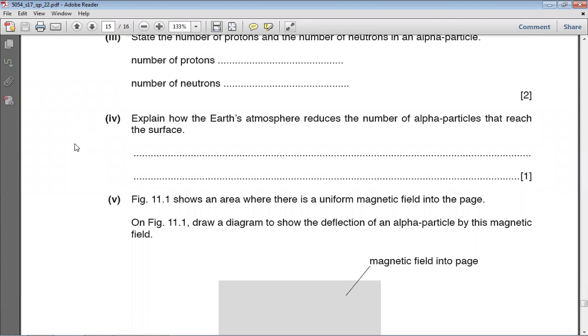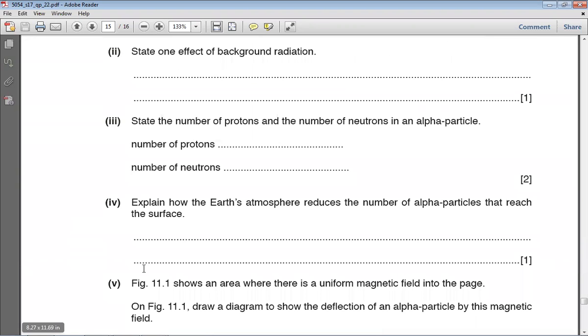It says, explain how the Earth's atmosphere reduces the number of alpha particles that reach the surface. You know, alpha particles have very low penetration power and very high ionization power. So when alpha particles enter the atmosphere, they are absorbed by the atmosphere, or you can say they are scattered by the atmosphere.